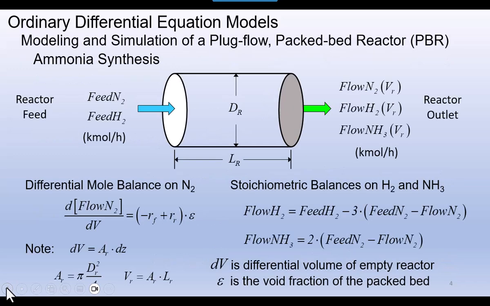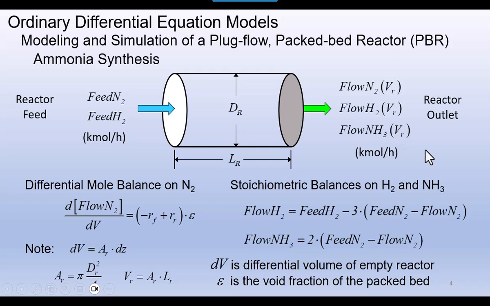And then what we want to do is assemble a mathematical model for the reactor, which is a packed bed reactor. So we denote that up here with feed rates of nitrogen and hydrogen. And actually in our model, we will have a couple of other components that are inert, that are typical to industrial mixtures. And then coming through the reactor of a given diameter and length, we come out with unconverted nitrogen and hydrogen plus ammonia.